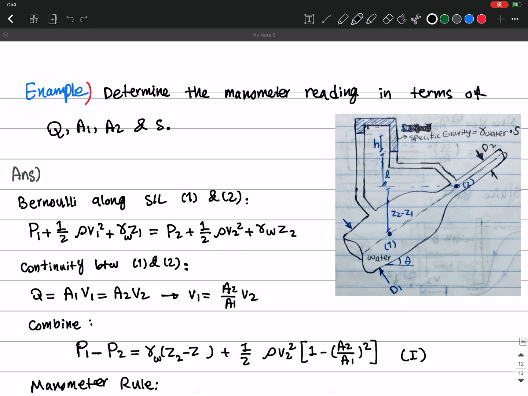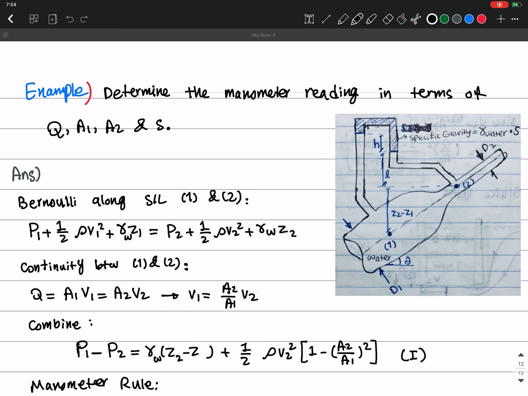So in this kind of problems, if you have a manometer, you make sure that you need to use the manometer rule to make your life easier. And so that will give you the hydrostatic pressure force formulas from the previous chapter, and also use that along with Bernoulli equation and continuity.